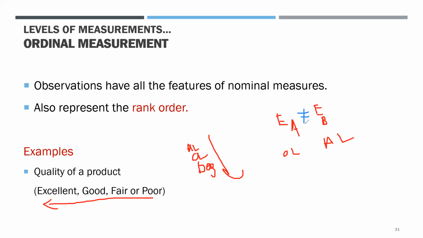Can you compare whether these educational qualifications are same or not? Is it possible or not? You can compare. You can say, yes, A's educational qualification is not equal to B's.